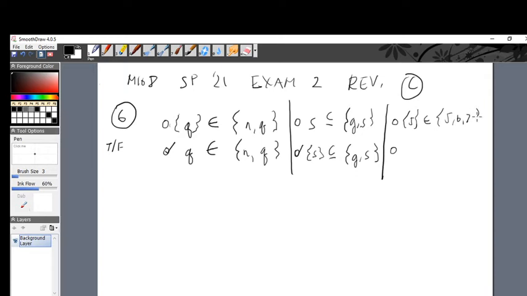Absolutely wrong, because it's a set. Sets are not elements. The next one, we almost know for sure is going to be right, but let's see what it says anyway. That 5 is not an element, is not a subset of 6, 7, 8, and that's true.